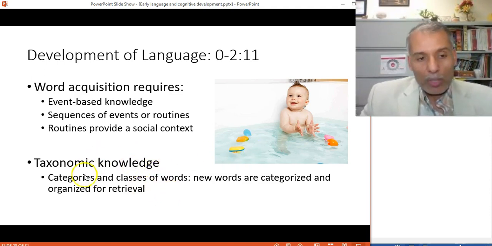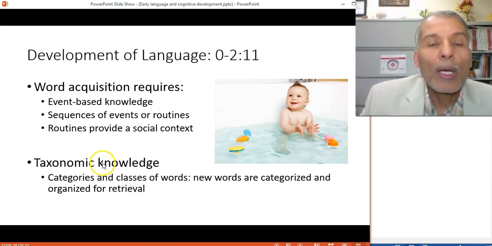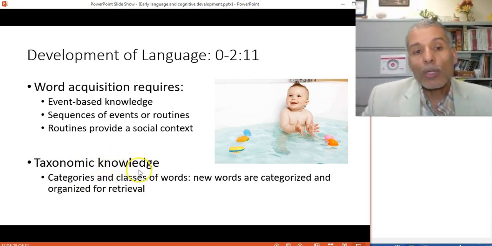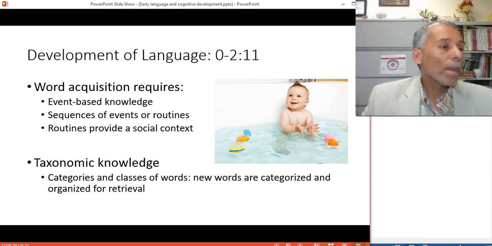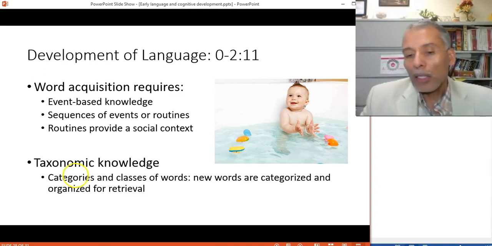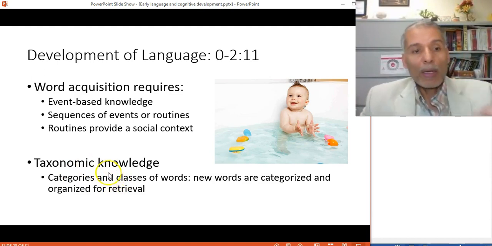The baby also has to learn how to classify, to categorize words into categories. So for example, new words are categorized and organized for retrieval. Like if you say, oh, vegetables, lettuce, onions, things that go together, the baby knows that they belong together.